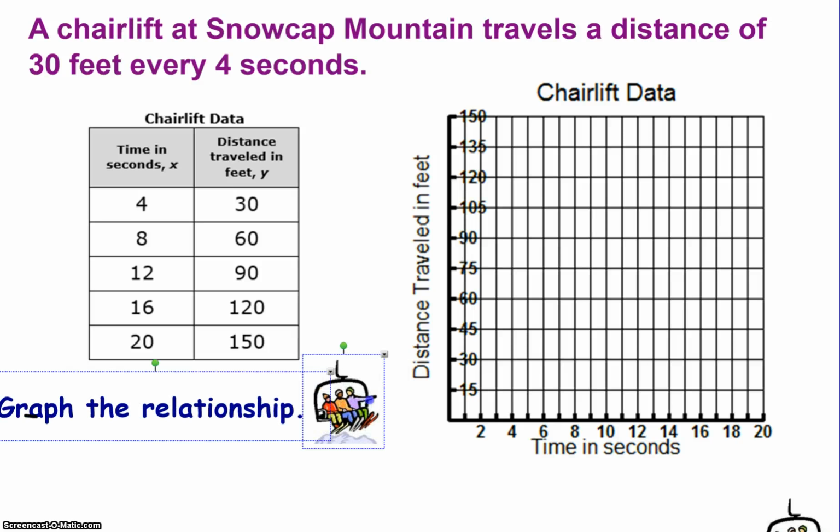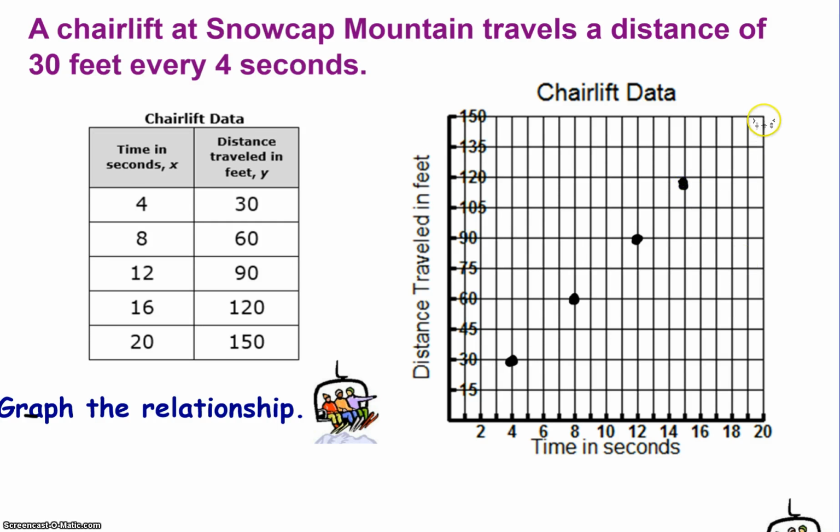It says graph the relationship. So in 4 seconds, it travels 30 feet. So you put a dot there. In 8 seconds, it travels 60. 12 seconds, it travels 90. 16 seconds travels 120.